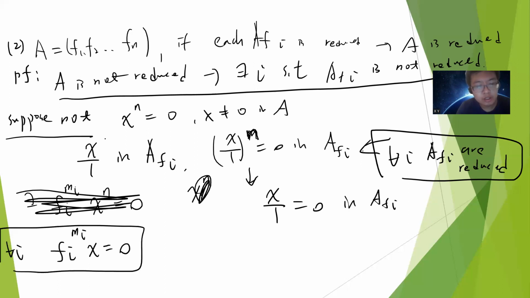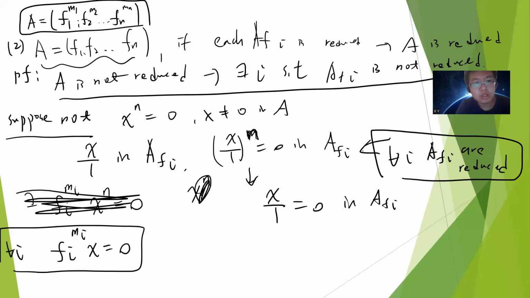But as we said, if you write f1^m1, f2^m2, up to fn^mn, this is the technique that we used to prove that the spectrum of the ring, the affine scheme, is really a locally ringed space. So if you have this, then there are coefficients gi such that the sum of gi fi^mi, with i from 1 to n, produces 1.